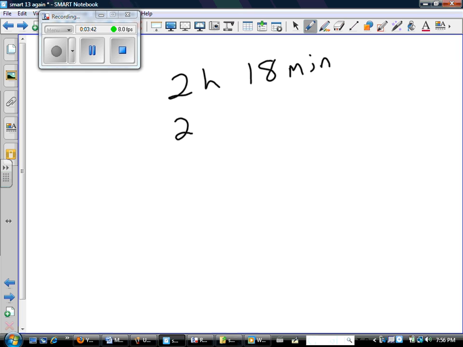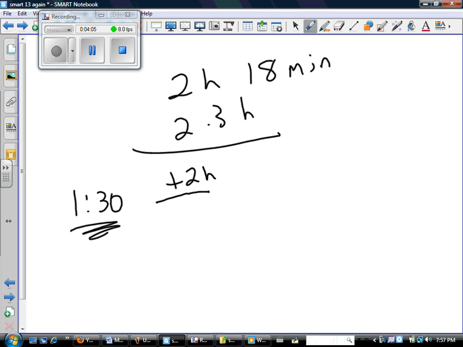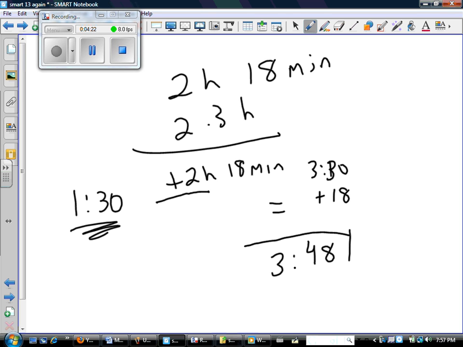We could say that it's 2.3 hours after the starting time. But if you remember, the starting time was 1:30. So maybe we should take our mathematical answer and turn it back into clock reference, because the original question was a clock reference question. So maybe that's the best idea. So 2 hours and 18 minutes later would be, well, 2 hours later would be 3:30. And then 18 minutes more would be 3:48.